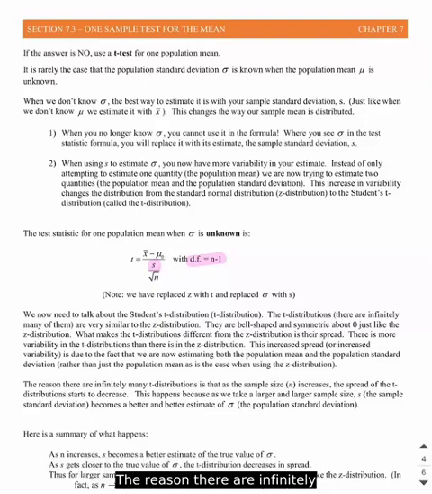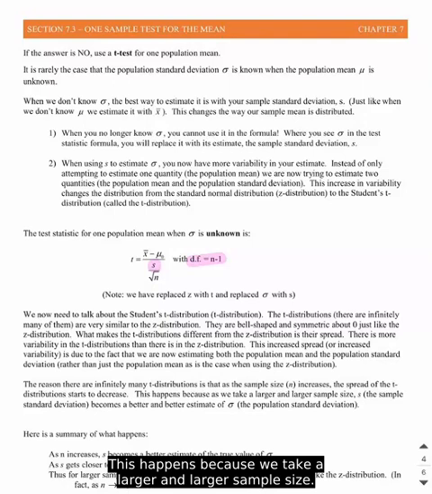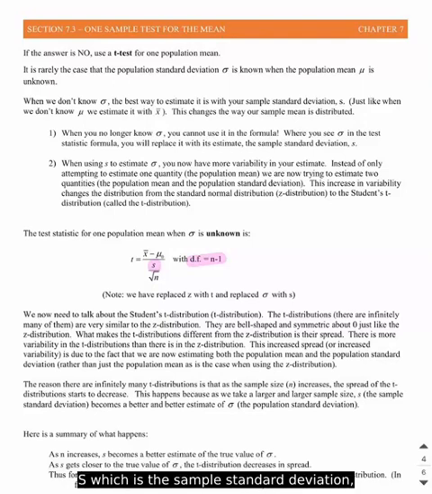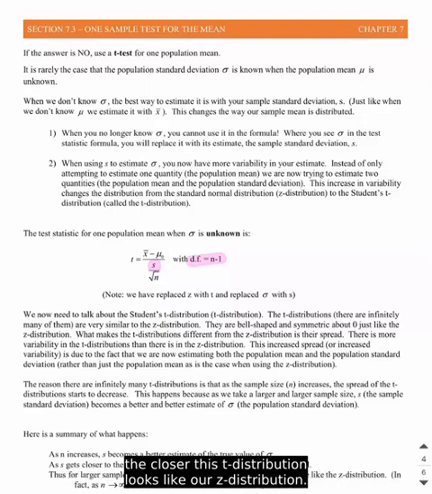The reason there are infinitely many t distributions is that as the sample size increases, the spread of the t distribution starts to decrease. This happens because as we take a larger and larger sample size, S, the sample standard deviation, becomes a better and better estimate of sigma, the population standard deviation. So the larger the sample size, the closer the t distribution looks to our z distribution.